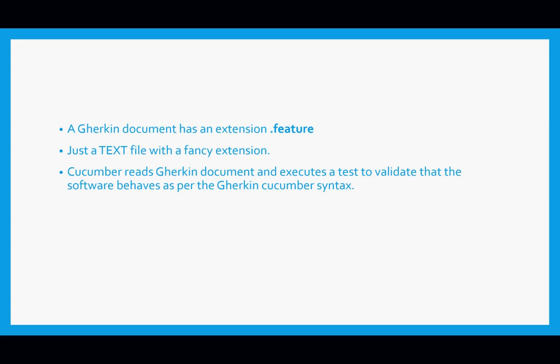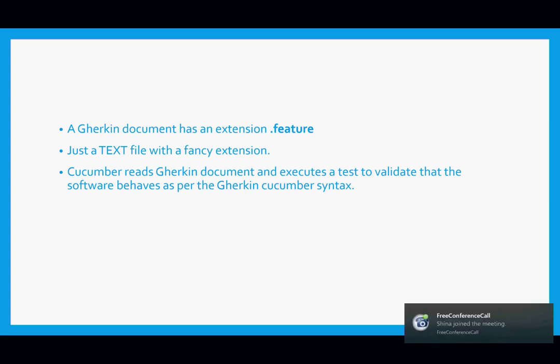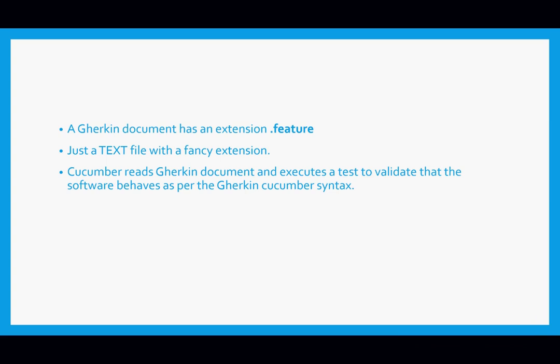So like I said, Gherkin is just plain text. To be honest, it's just a text file. But what you're going to do is put an extension of .feature on it. You can write it in any text file, be it Notepad or Notepad++. But in this particular tutorial, we're going to be using the IntelliJ IDE.